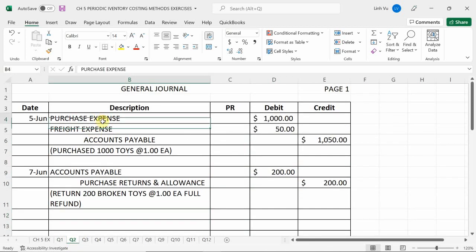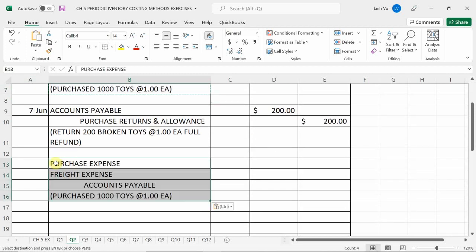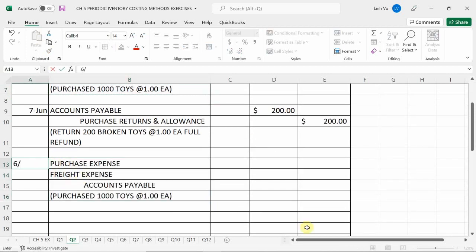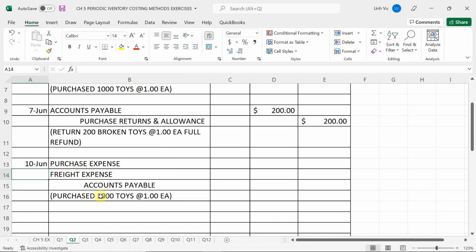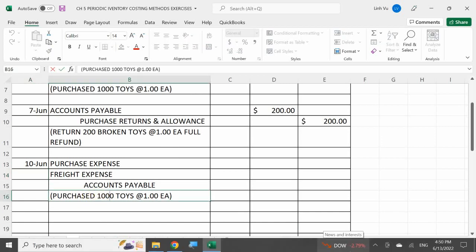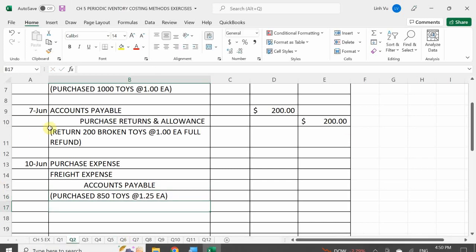Question 2 here: we need to record that we received another batch of inventory, that we purchased on June 10. In this case, I end up purchasing a total of 850 toys at $1.25 each.